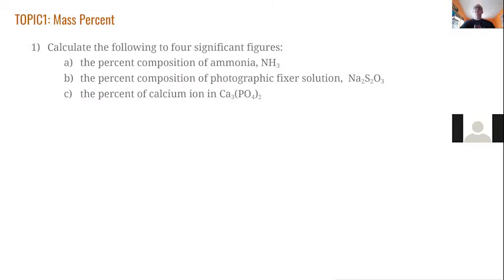Okay, so for instance, for ammonia, would it be the number of moles of ammonia versus the number of moles of hydrogen? It would be like, if you wanted to find out the nitrogen, you would say what percent of ammonia is nitrogen, right?